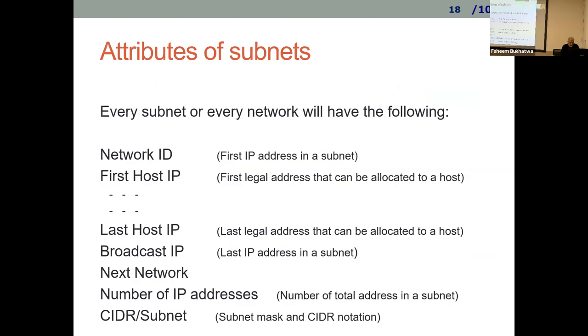All right, and the attributes of a network, or sometimes they call them parameters of a network, but attribute is the better word. Anytime you are asked about a subnet, you are expected to automatically give the ID, the first legal address that can be given to a host, the last legal address, which is the broadcast, and the one before it, which is the last host address.